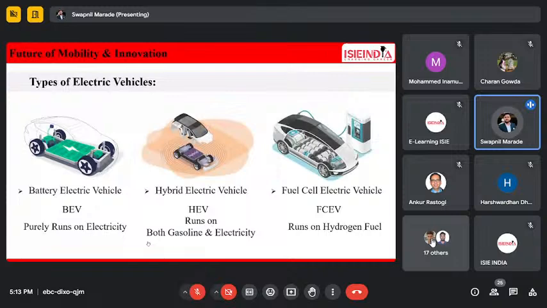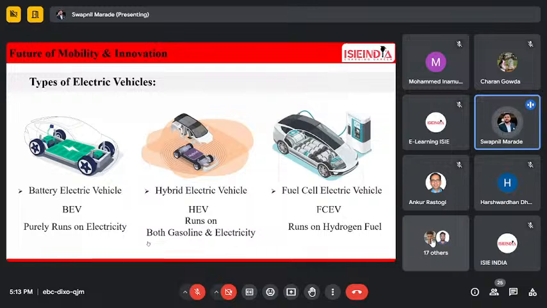There are some types of electric vehicles. The first is the battery electric vehicle, BEV, which runs purely on electricity. Thereafter, the hybrid electric vehicle, also called HEV, running on both gasoline and electricity. That means you can use electricity as well as petrol or diesel.